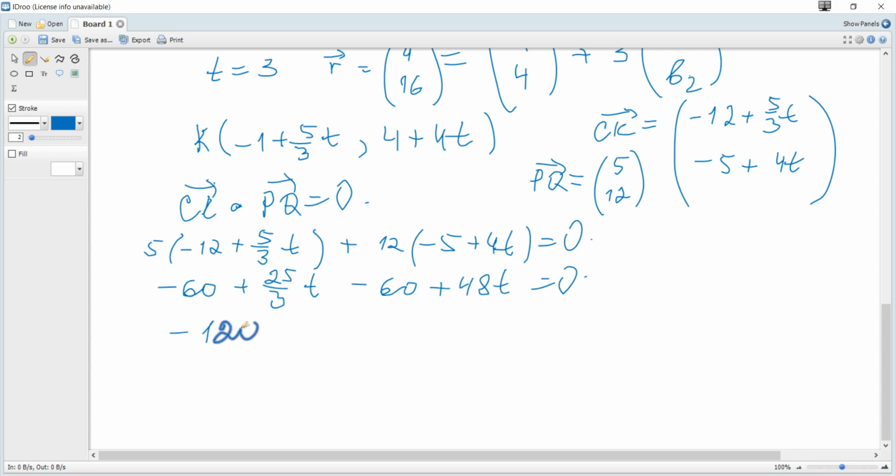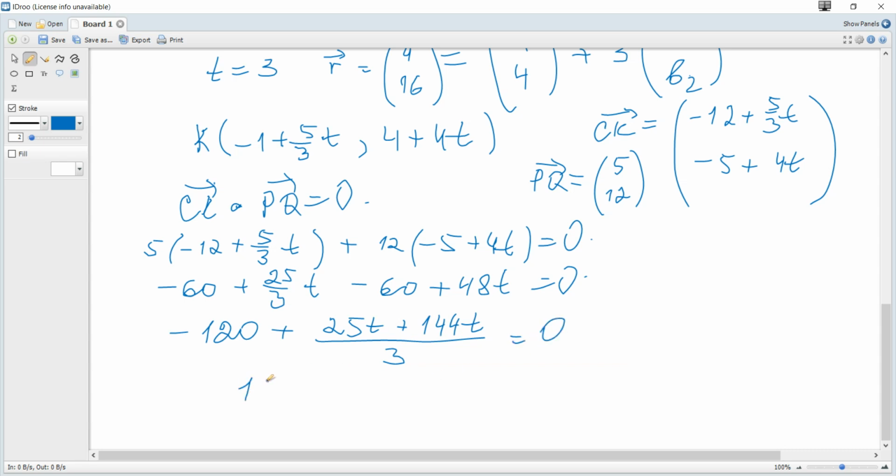Negative 120 plus 25t over 3 plus 48t, let's make a common denominator, so it will be 144t over 3 is equal to 0.